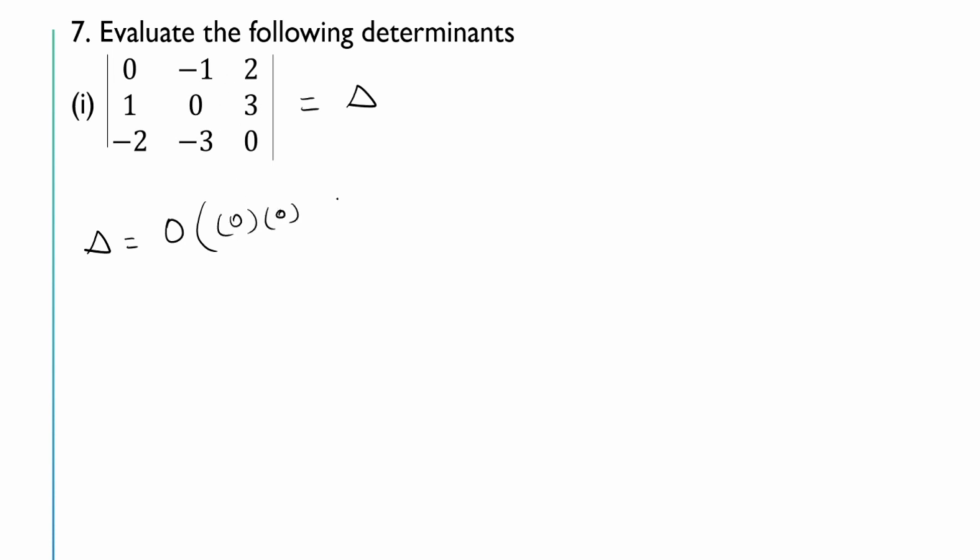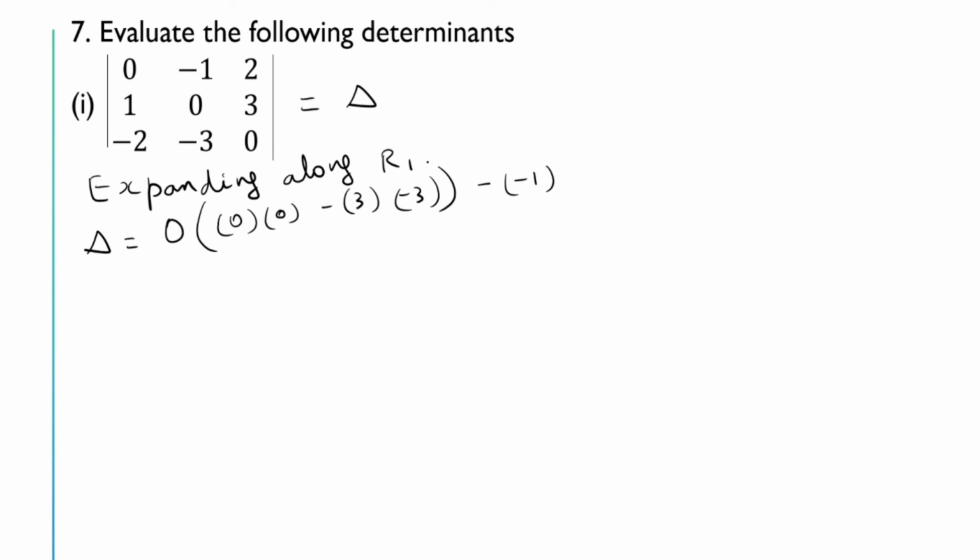So 0 into 0 minus 3 into minus 3, minus 1 into, I'm sorry, I forgot to write this, expanding along R1. So we can expand along the first row itself. Minus 1 into 0 minus 3 into minus 2 plus 2 into 1 into minus 3 minus 0 into minus 2.